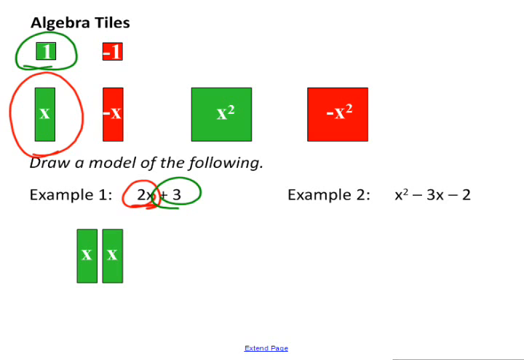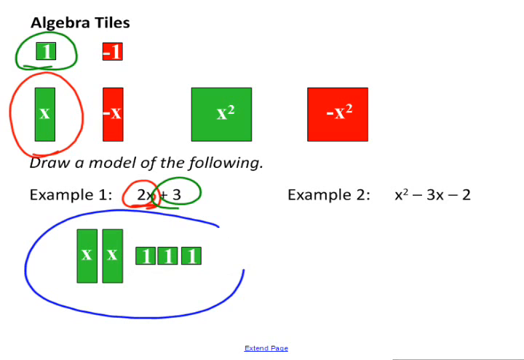Those are units. Again, it's positive, so I'm going to use the green. And I need 3 of them, 1, 2, and 3. So for example 1, you would draw a model. This is what I'm looking for: 2 rectangular x's and 3 small units.